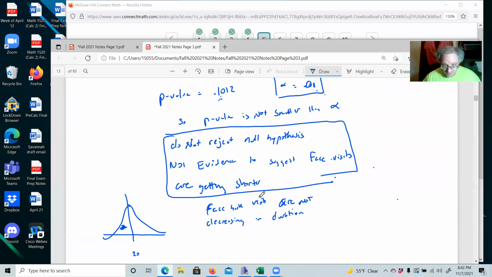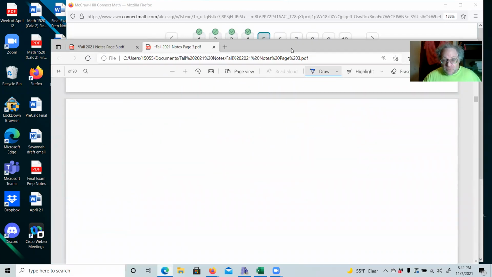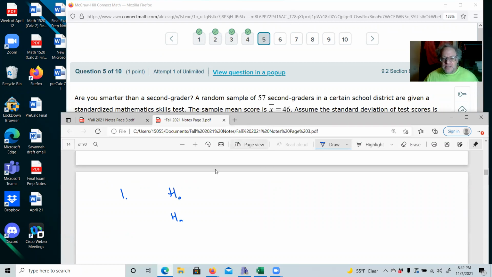But first, we're just going to walk through the idea here. First, we're going to set up our hypotheses, H0 and HA. We have these second graders taking a standardized test, with a mean score of 46, and the nationwide average is 50.